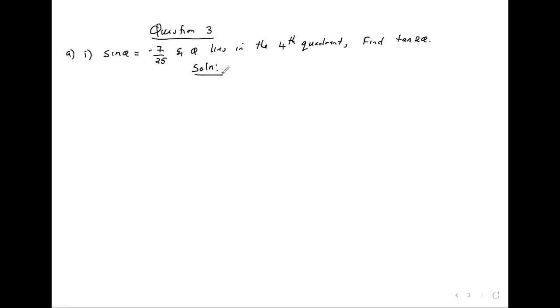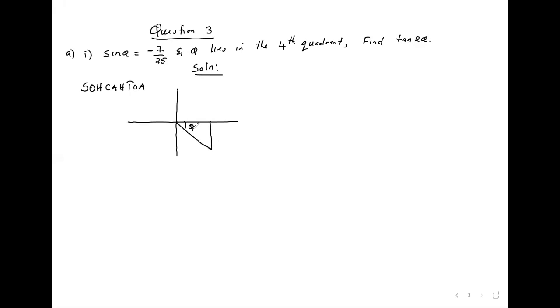Solution, we are told that sine theta is equal to negative 7 over 25, but we haven't forgotten what SOHCAHTOA is and how useful it is. So having been given that theta lies in the fourth quadrant means that we are allowed to form a triangle in the fourth quadrant with the angle theta attached to the x-axis there.